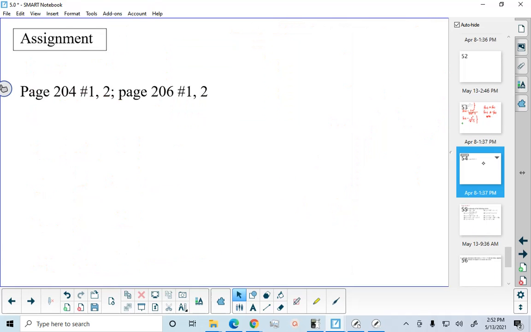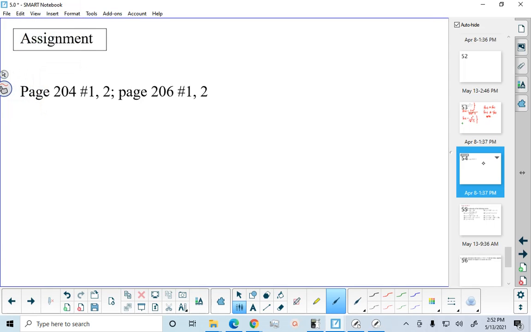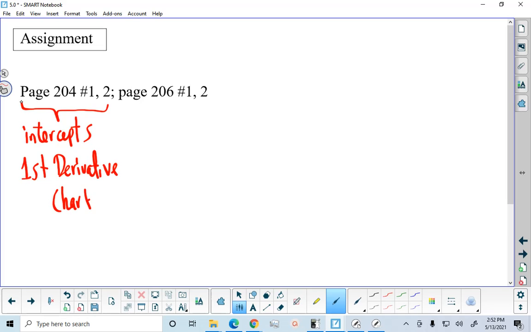As I said to you before, these two problems, which you've been working on for about the past 20 minutes to a half an hour, this deals with intercepts and first derivative chart, or first derivative analysis, whatever you want to call it. These questions deal with symmetry.